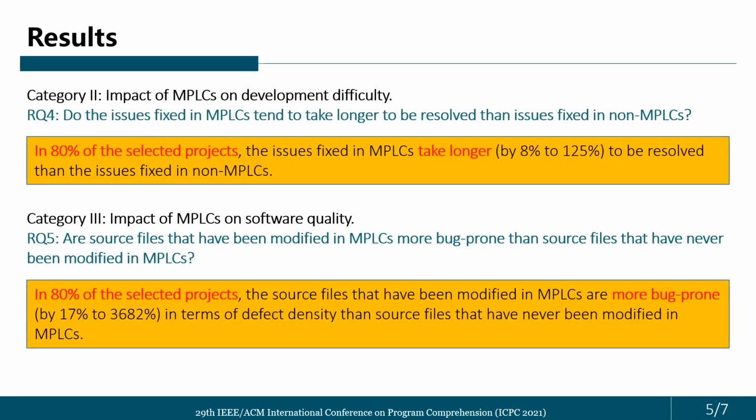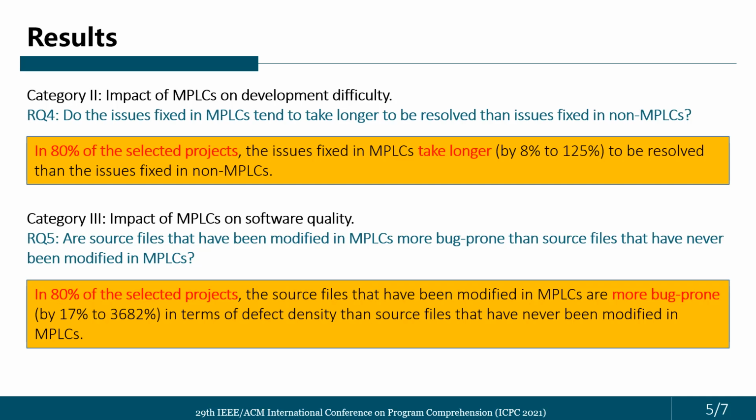Research question 4 is, do the issues fixed in MPLCs tend to take longer to be resolved than issues fixed in non-MPLCs? We associated each commit with the specific issue. The conclusion is that 16 out of 20 projects have longer open time of issues fixed in MPLCs than that of issues fixed in non-MPLCs, and the other 4 projects do not show a significant difference.